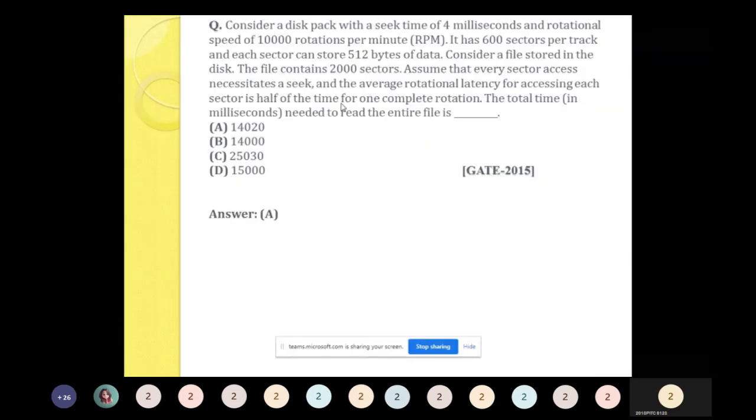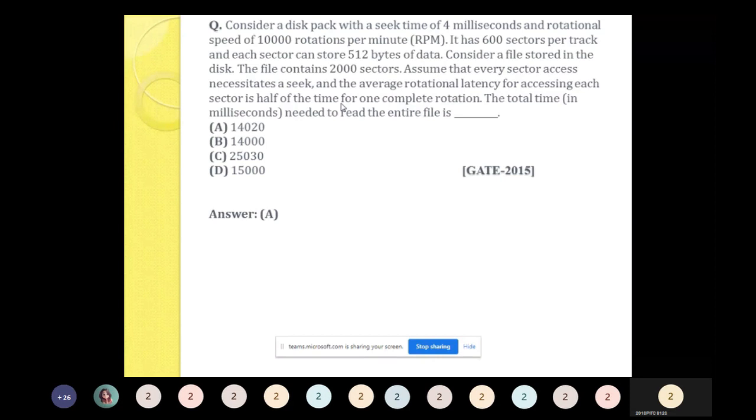So here the question is given. Previously we have seen some scheduling algorithm problems. Here the total data is given and there is a standard formula. We just apply the data to the standard formula and we get the answer.